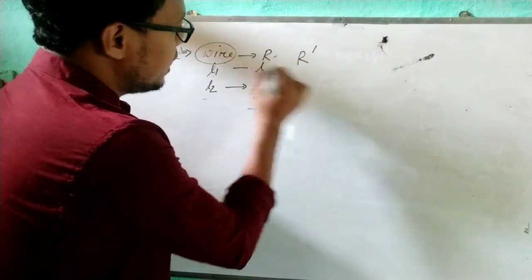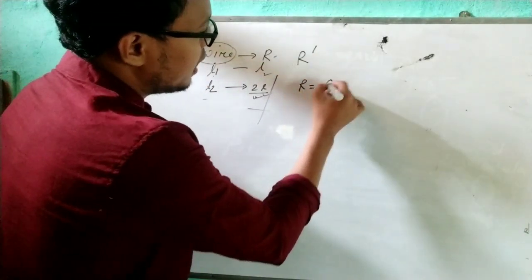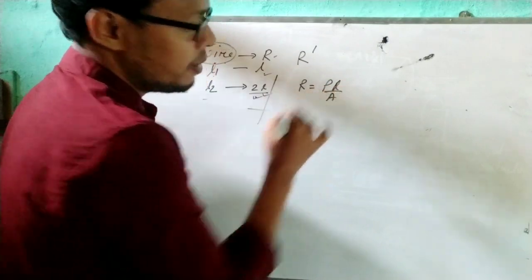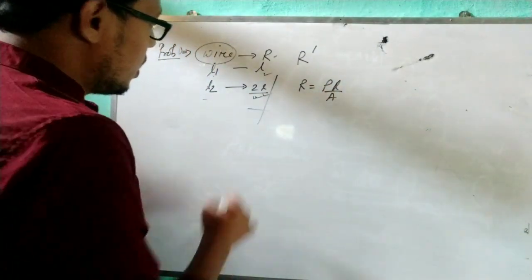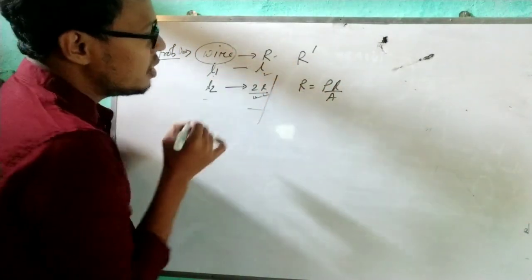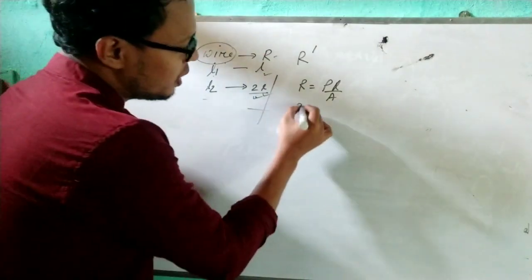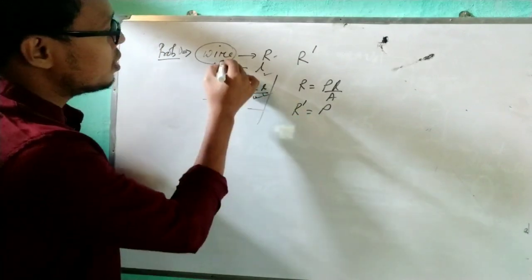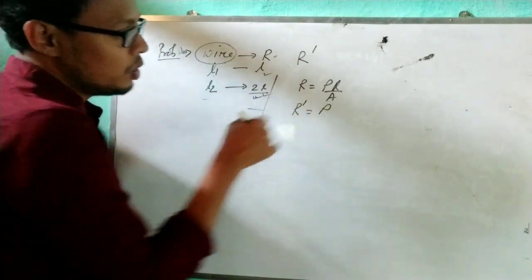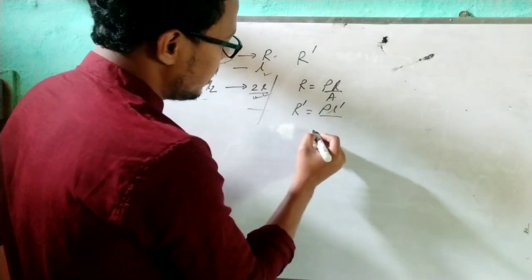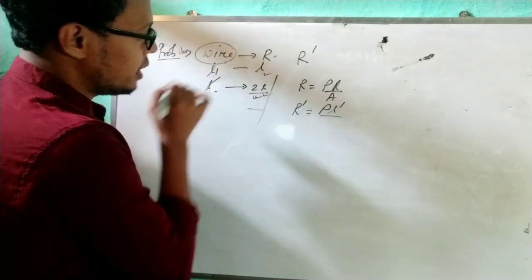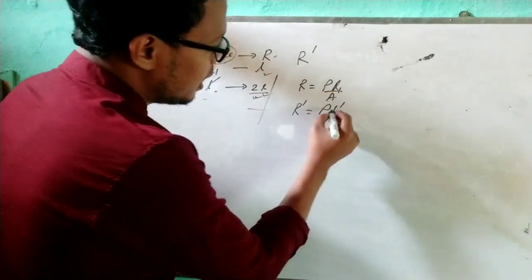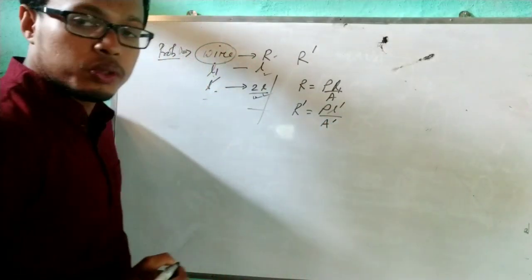First, when the length was L, we can write R equals rho L by A. Now when the length changes, the area will change. So R dashed will be rho L dashed divided by A dashed, and rho will not change because the same wire is there.